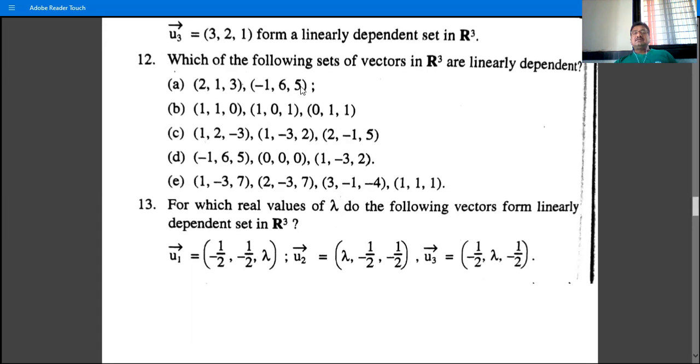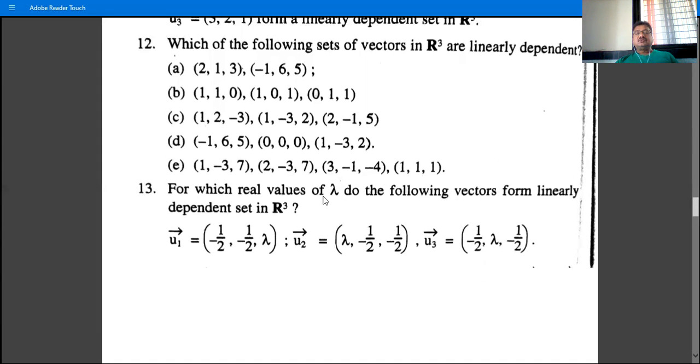But this set contains four vectors from R3, and we can say that it is linearly dependent, because the dimension of R3 is 3, and so any set containing more than three vectors is linearly dependent. So write the answers.